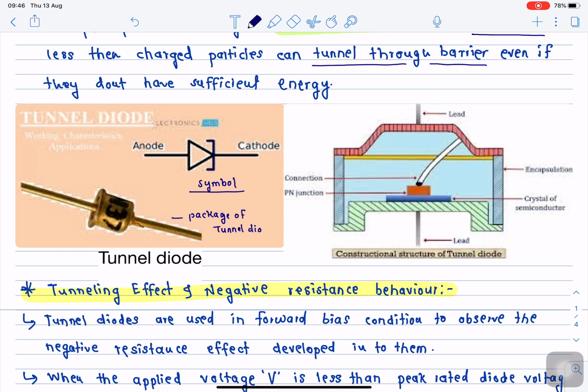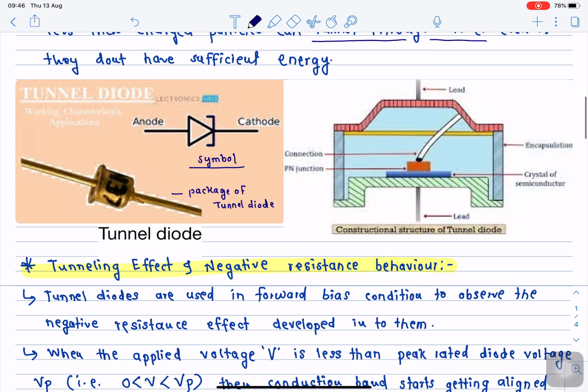Okay, and on the right hand side a typical construction of the tunnel diode is shown, right? So the p type and n type semiconductors are going to form a junction over this particular region. So this is a junction area. The typical materials that we are going to use for the construction are germanium and gallium arsenide, right?